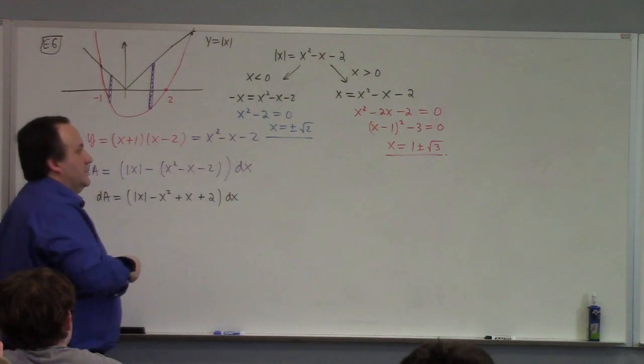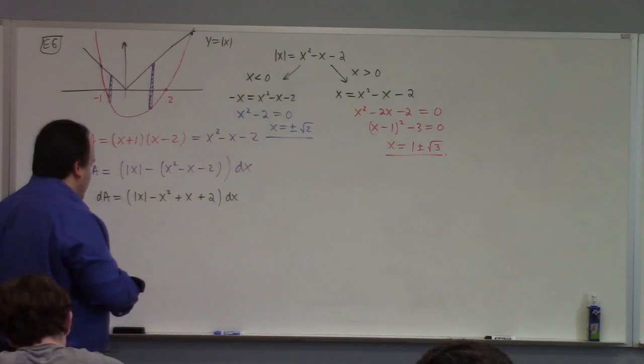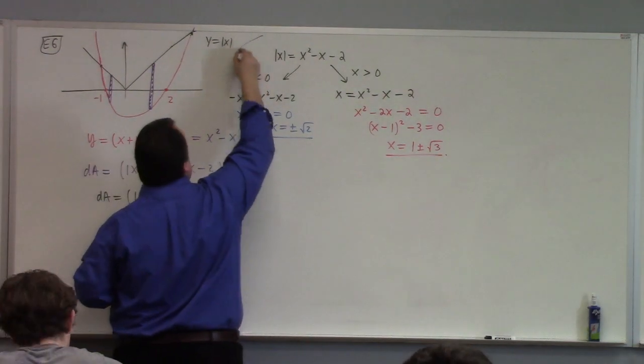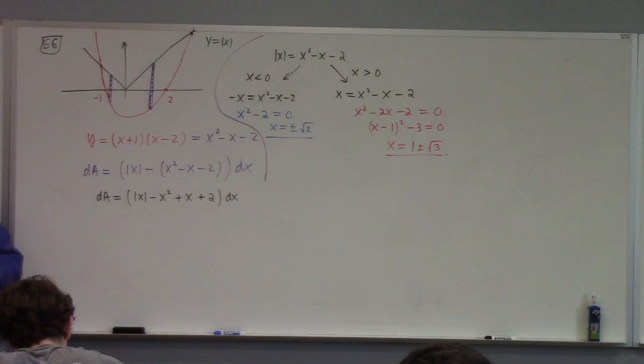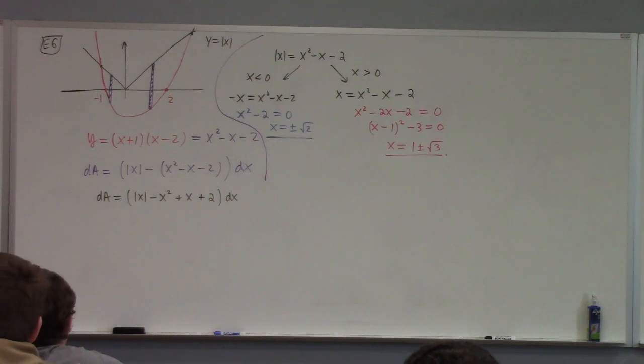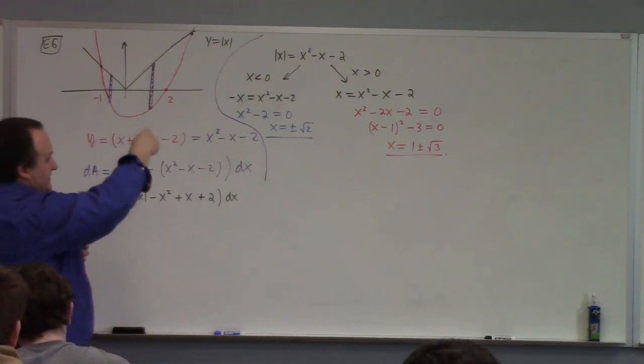However, which of these do we keep? I got 4 solutions. Are there 4 points of intersection? Nah, there are not. So the ones we want, context, right? x is less than 0.